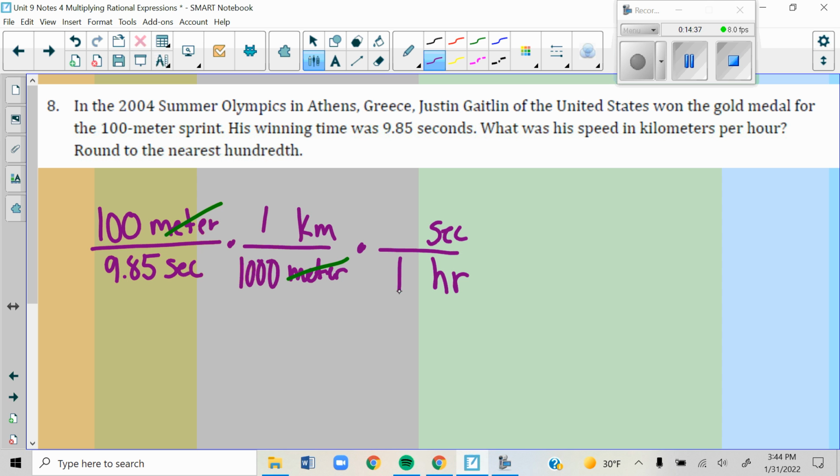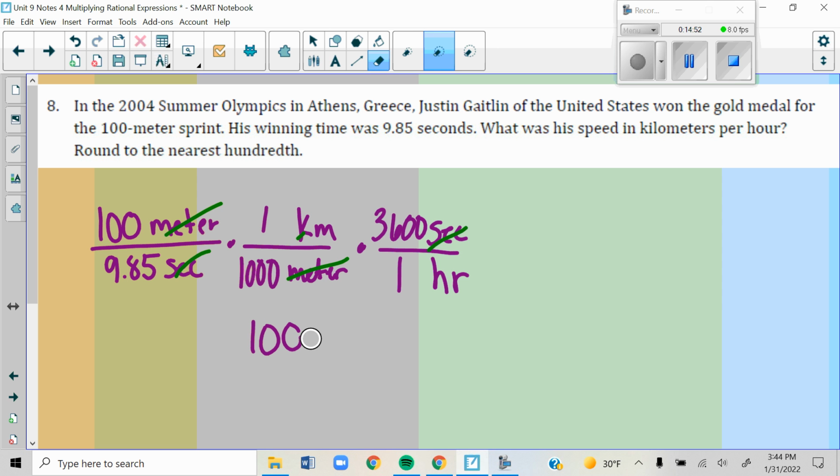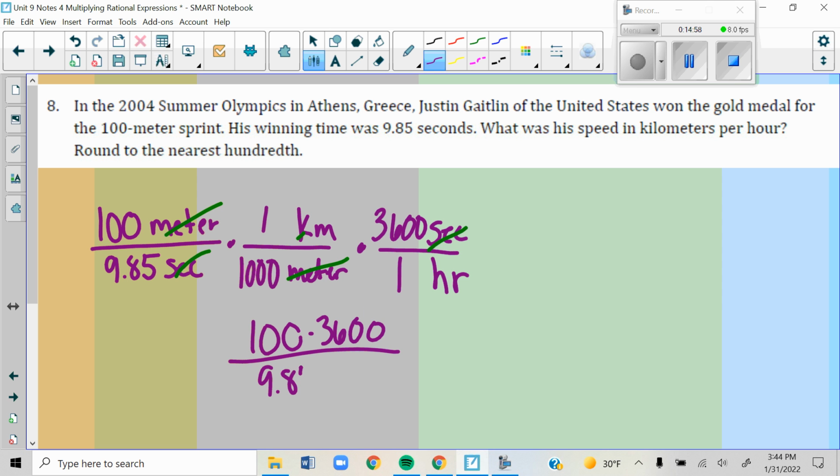So 60 times 60 tells us there are 3,600 seconds in 1 hour. Seconds cancels. So now we're going to be left with 100 times 1,000, oops, got a little happy with my zeros, times 3,600 over 9.85 times 1,000.